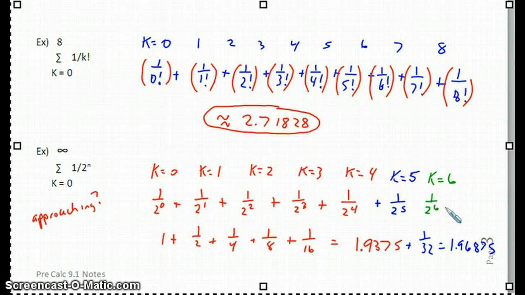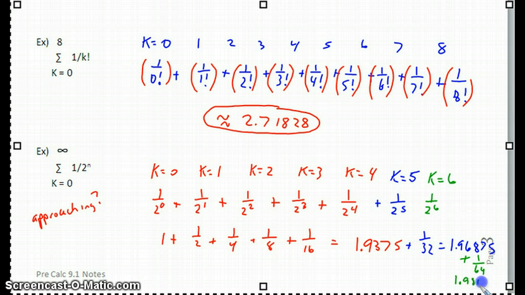Well, 2 to the 6th power is 64. So if I add to this 1 over 64, I get 1.98.